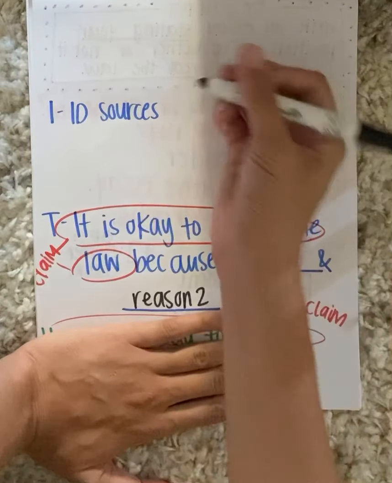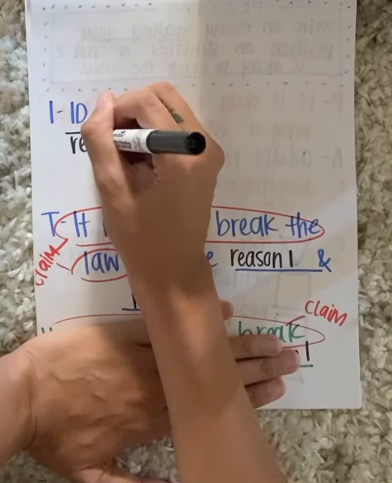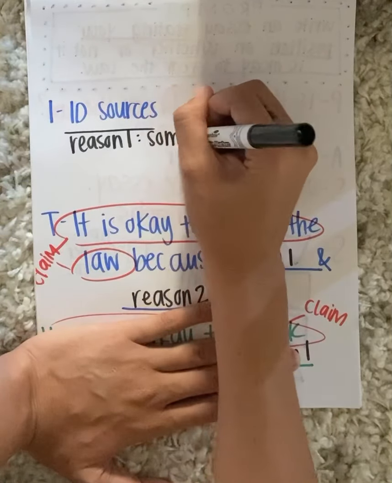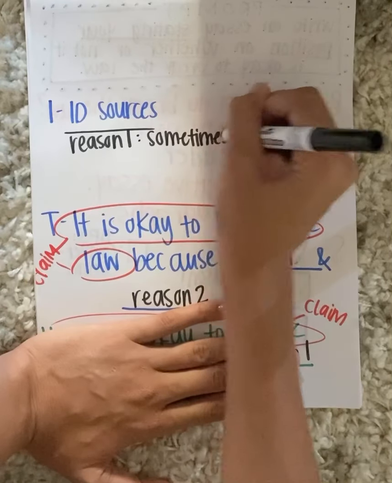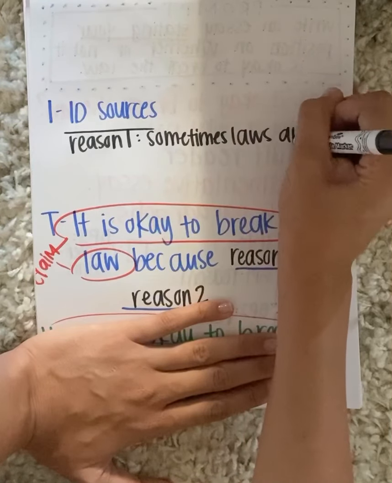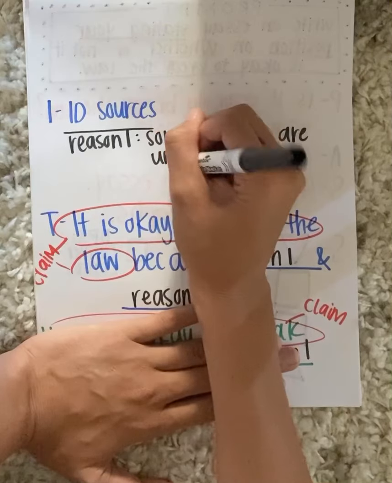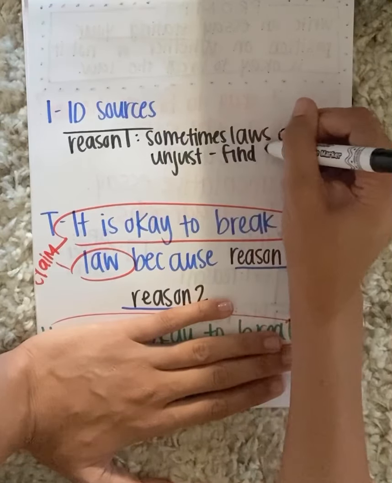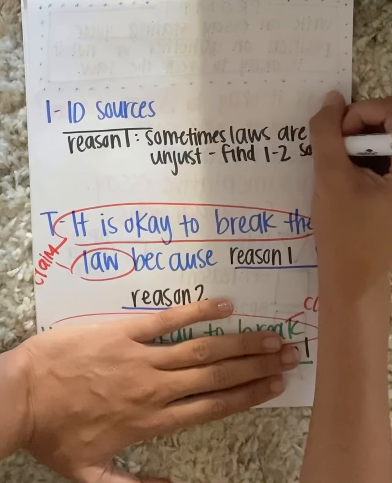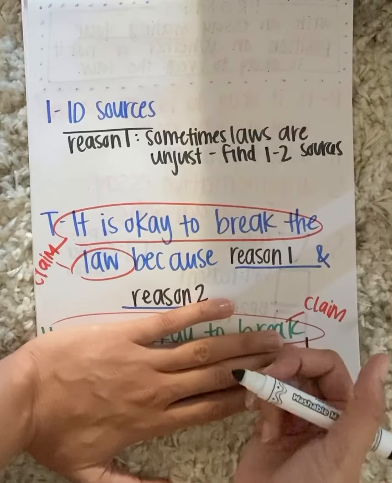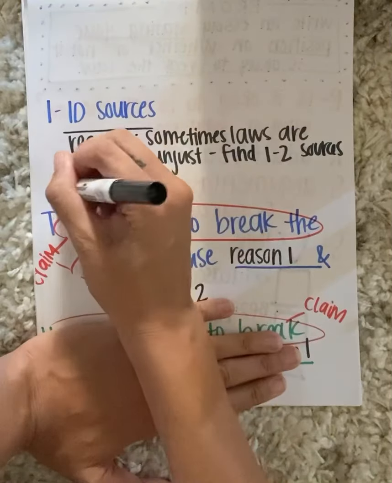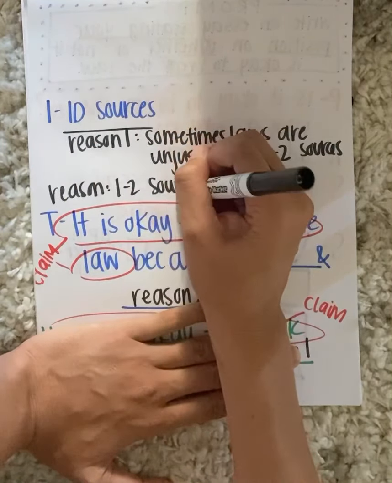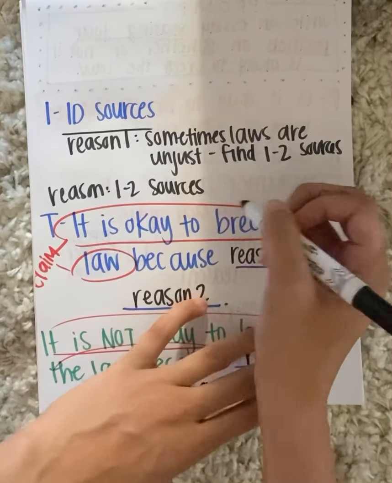If my reason 1 was because sometimes laws are unjust, I would go out and find my 2 sources that support that. If you can only find 1, that's okay. Whatever my reason 2 was, I would go out and find my 1 or 2 sources, and I would write down the name of the source here.